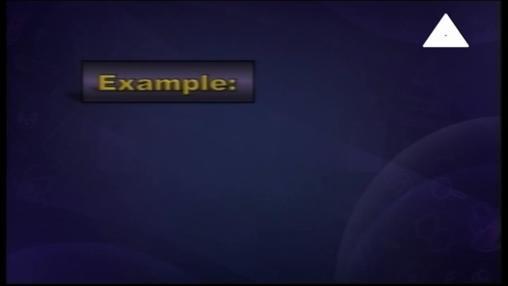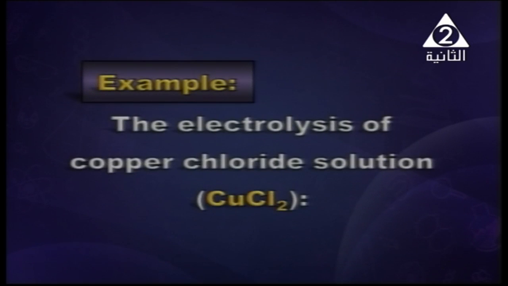For example, the electrolysis of copper chloride solution. The electrolysis of copper(II) chloride solution, CuCl2, as you see in this video. First, you must dissolve copper(II) chloride in water to form a solution of copper(II) chloride.